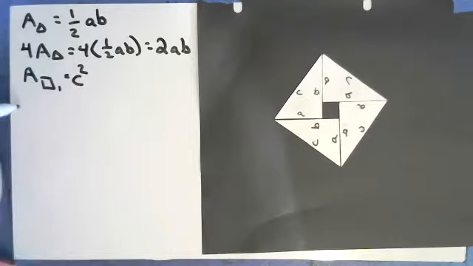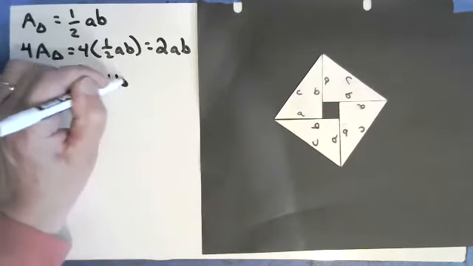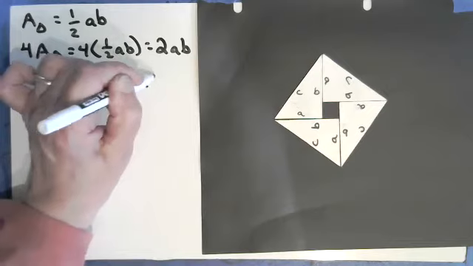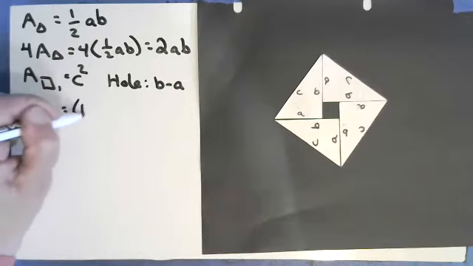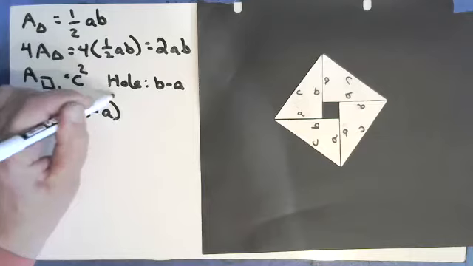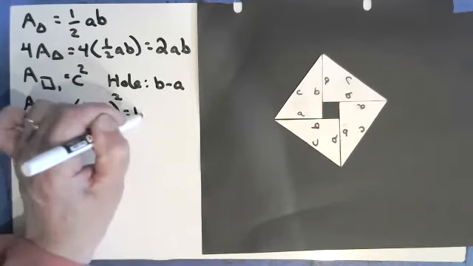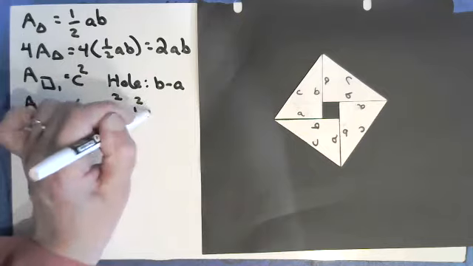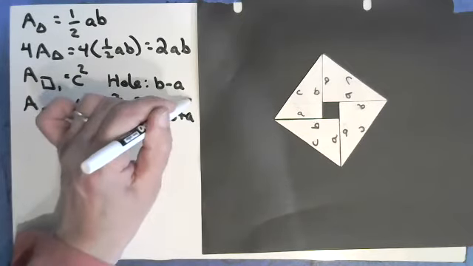So the sides of the hole have length B minus A, which means that the area of the hole, let's call it square sub 2, that's the hole, is (B minus A) squared. And because you remember your algebra, you know that this is B squared minus 2AB plus A squared.